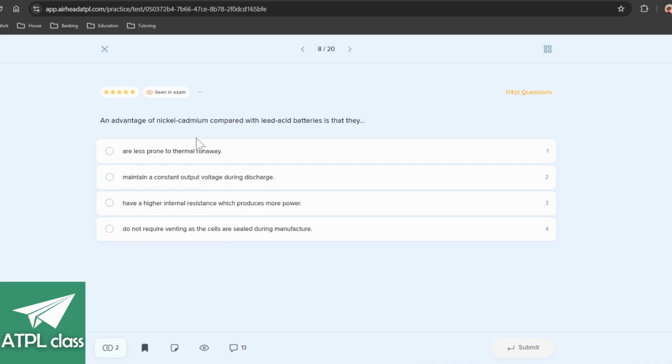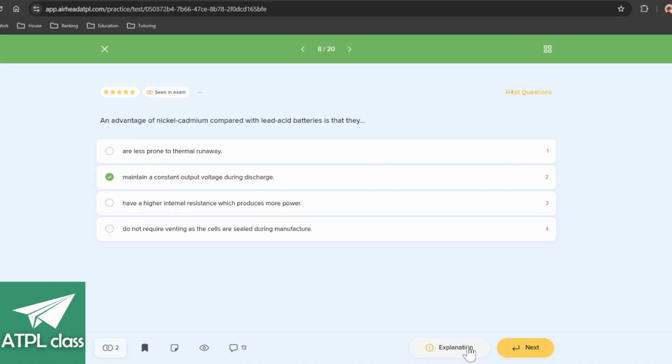An advantage of nickel cadmium compared with lead acid batteries is that they are more lightweight and less corrosive, but they produce less voltage. They also don't fade away during discharge, whereas a lead acid battery starts to fade away. I'm not sure if I mentioned that actually, but we'll go for that answer. And it's right.